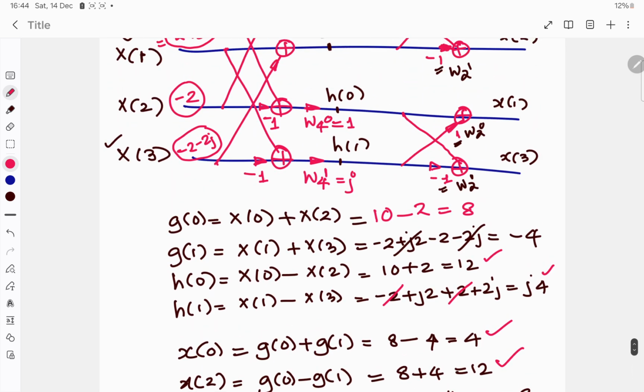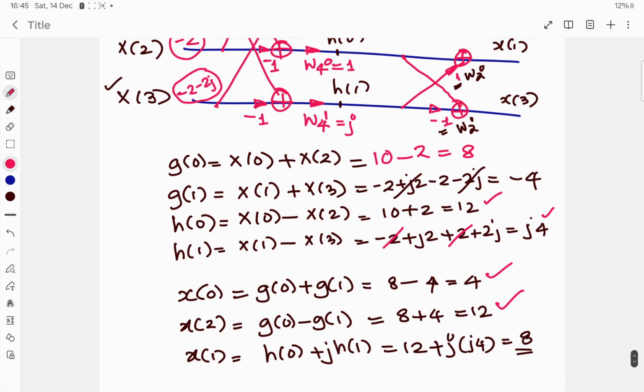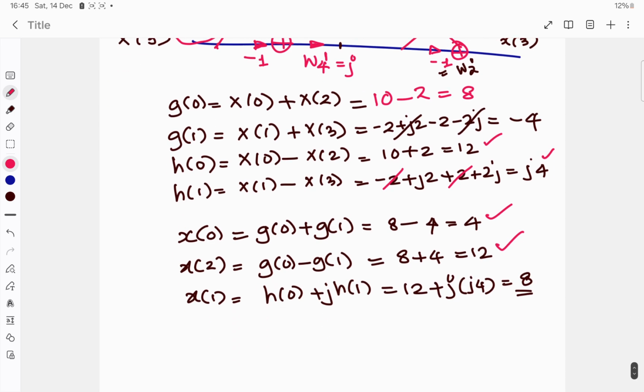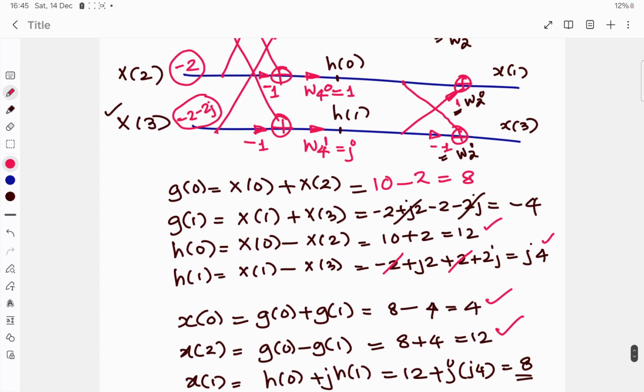We can find the value of x of 1. x of 1 is obtained by adding h of 0 and j times h of 1.